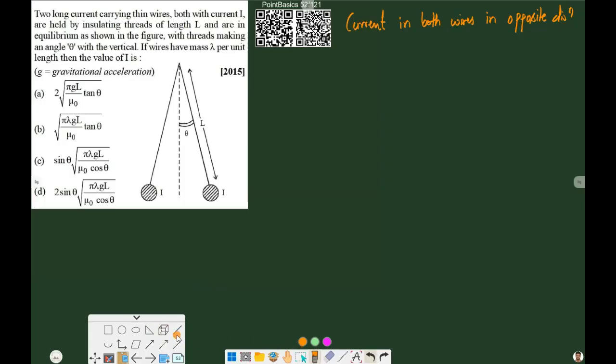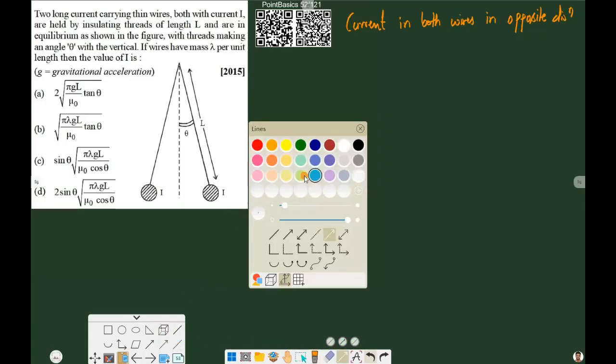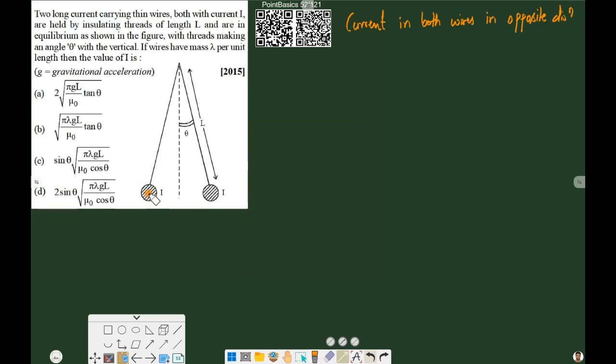So let's draw. Say, let's choose red color. So their mass will act downward. This will be the tension. Here we'll have T cos theta. This will be T sin theta.